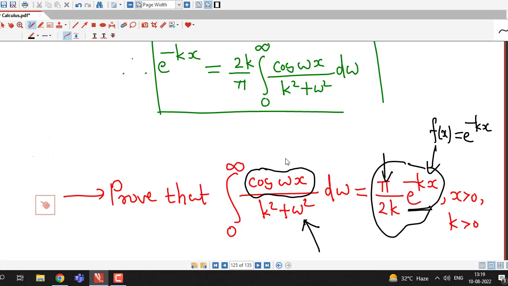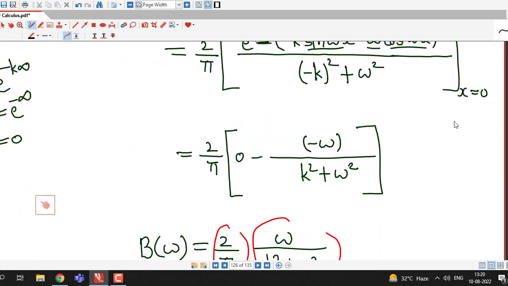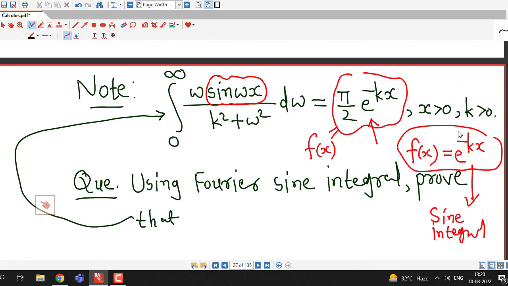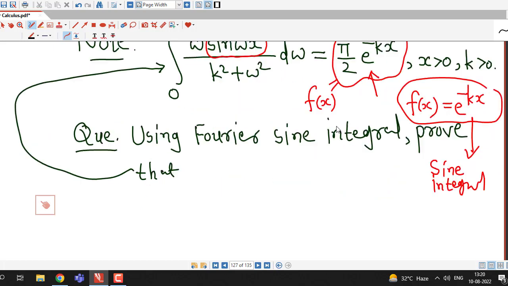So here your integral contains only cos omega x, so we will go for Fourier cosine integral of this function. Similarly, here our integral contains only sine omega x, therefore we will go for Fourier sine integral.